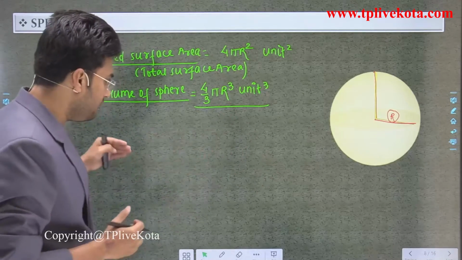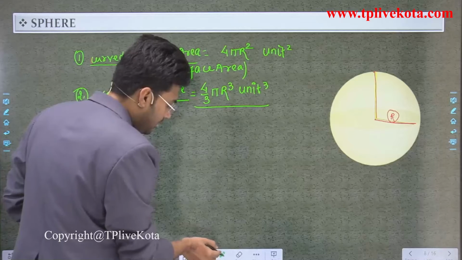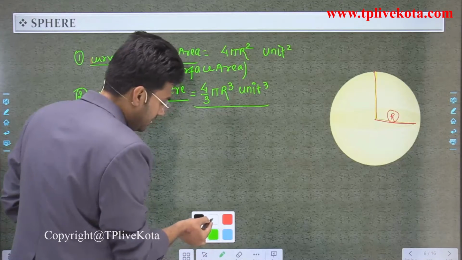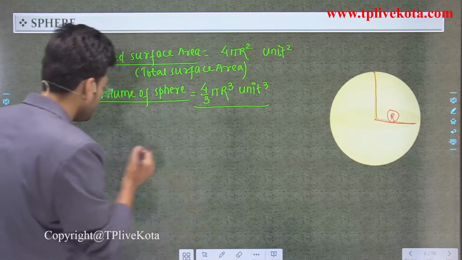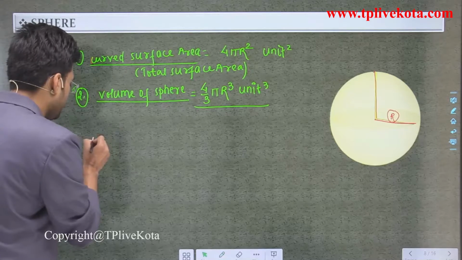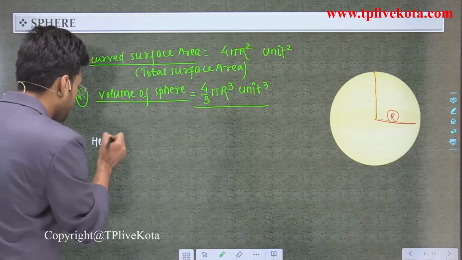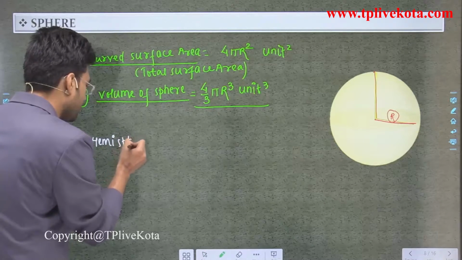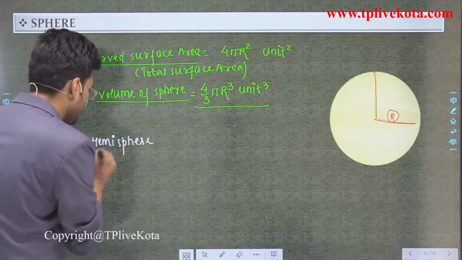Now students, if we cut this sphere from middle point, then what will we get here? So we will get hemisphere. What will we get? Hemisphere. So now let's discuss about hemisphere.